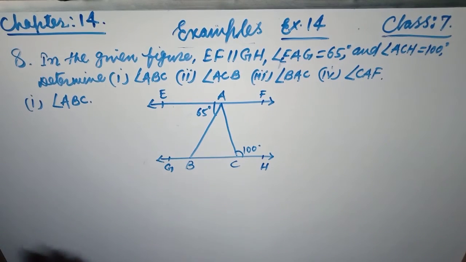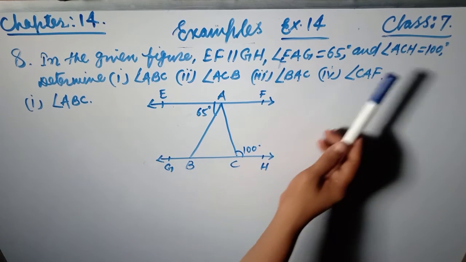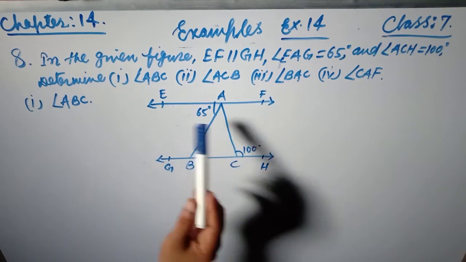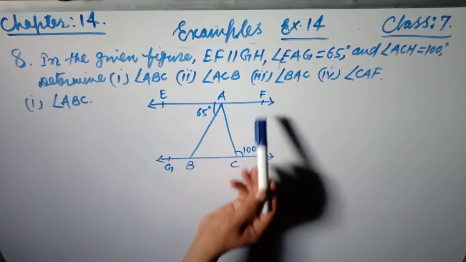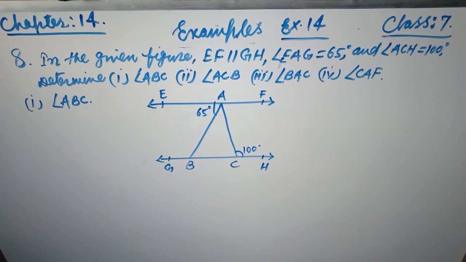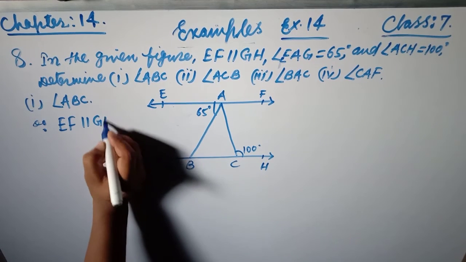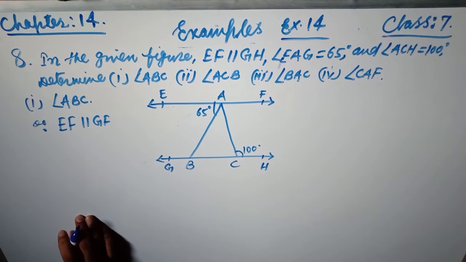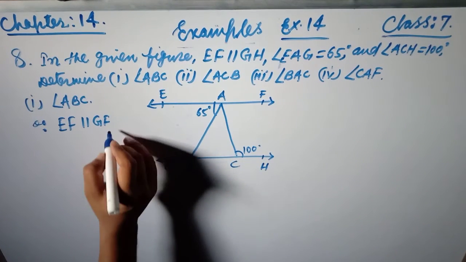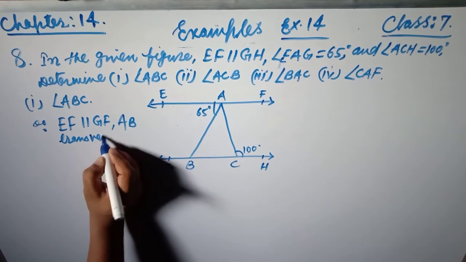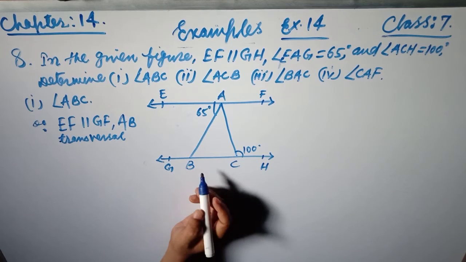Now see friends, question number 8 says: in the given figure, EF is parallel to GH and angle EAB is 65 degrees, angle ACH is 100 degrees. Determine ABC and so on. The figure is given, friends. This line EF is parallel to GH. Solution: EF parallel to GH. Now AB is a transversal.